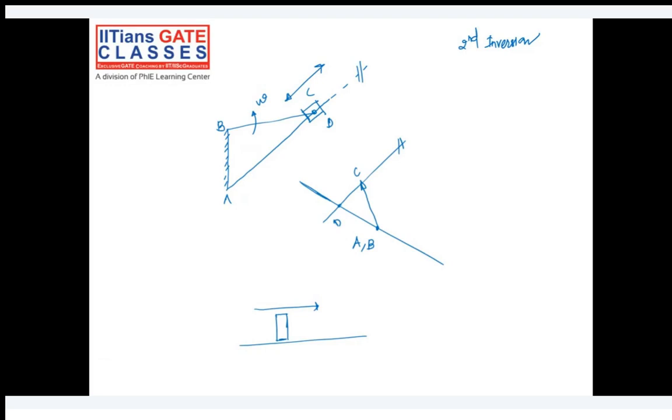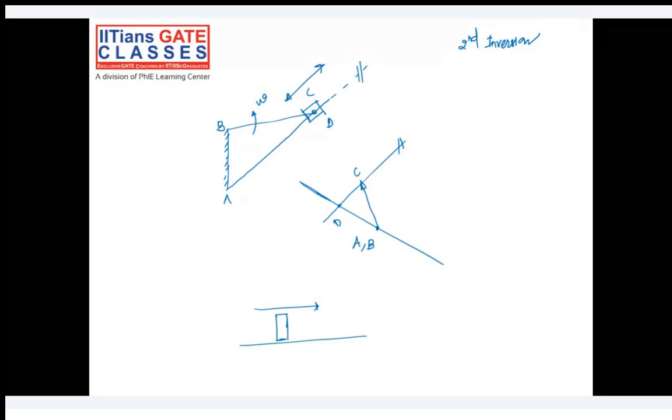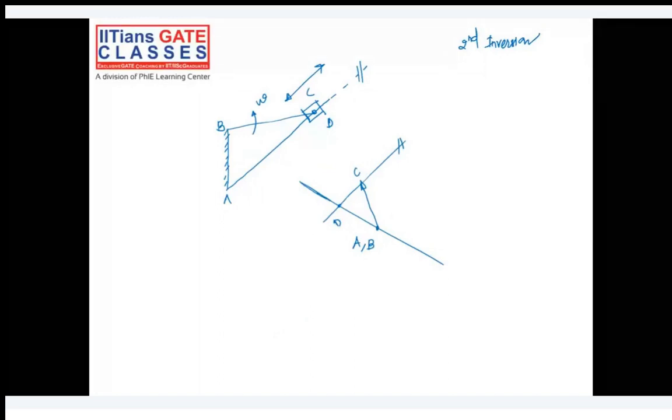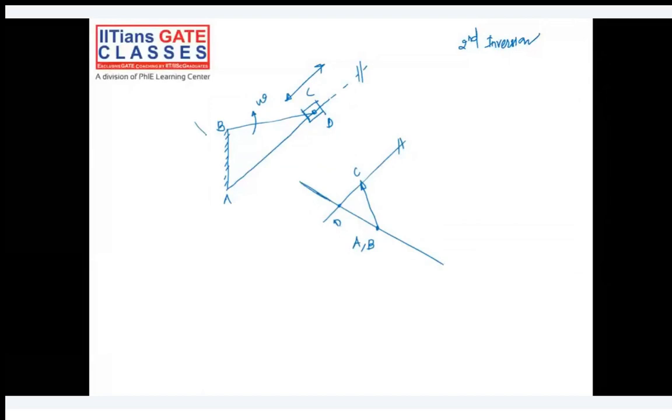And the velocity of link AD will be perpendicular to the link, right? So that is what I have drawn. This is perpendicular to the link, and these two lines are parallel.